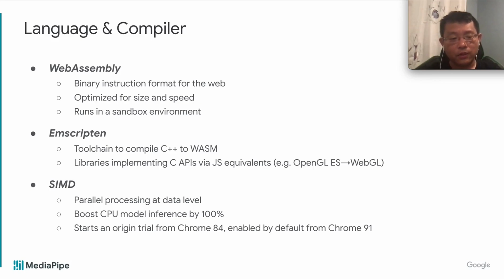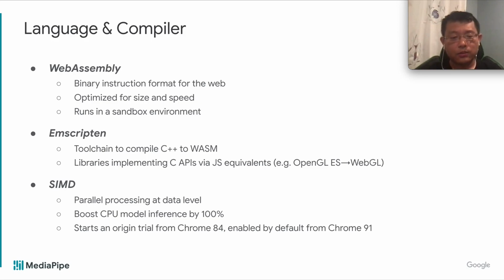As mentioned before, WebAssembly is a binary instruction format for web. It's optimized for size and speed to minimize the packet size and execute at native speed. It runs in a sandbox environment, enforcing the same origin and security policies of the browser.